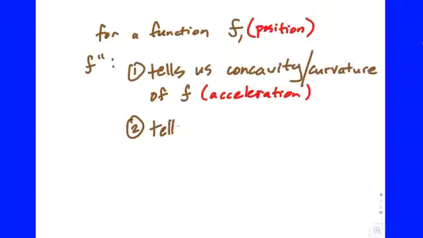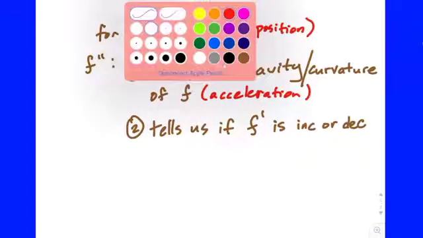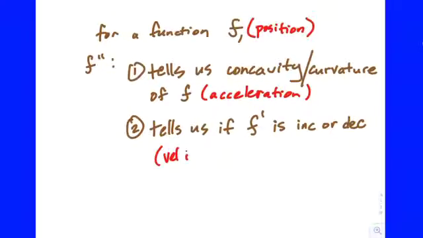It tells us if f prime is increasing or decreasing, which would be analogous to velocity increasing or decreasing. So it tells us two things: about the curvature of f, concave up, concave down, but it also tells us if the derivative, if the slopes, are increasing or decreasing. Okay, so keep that in mind.